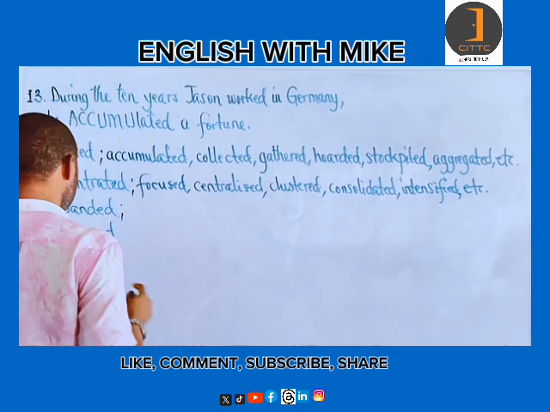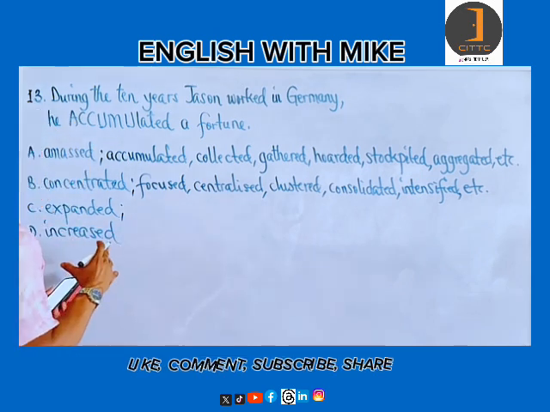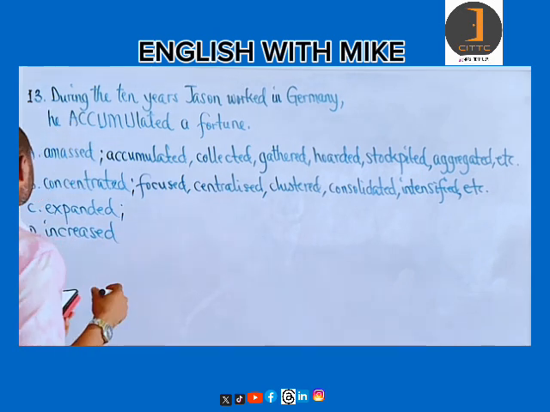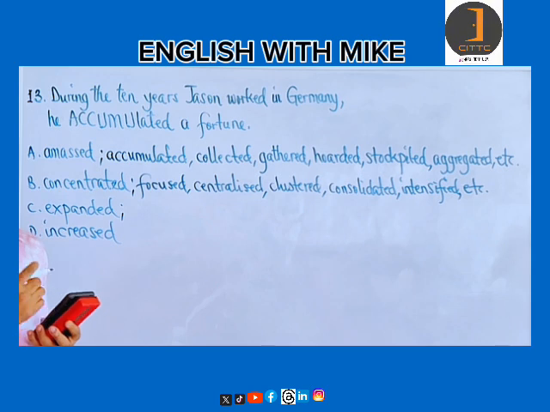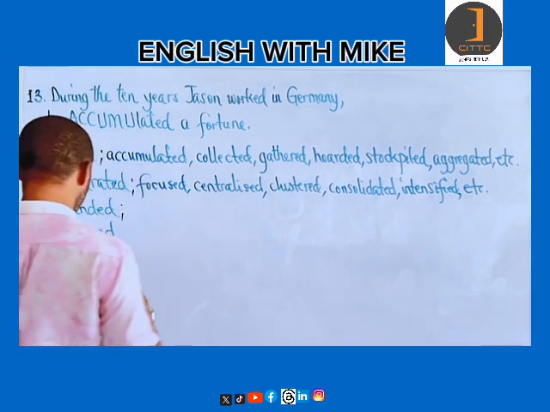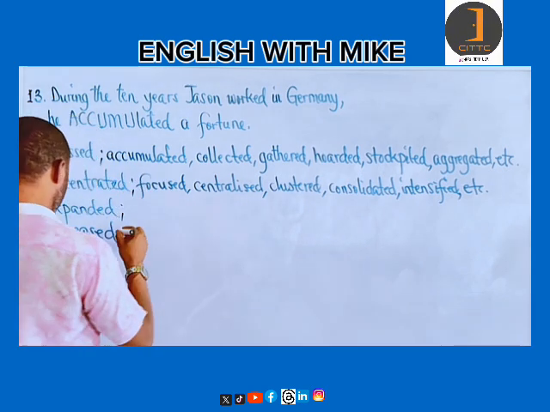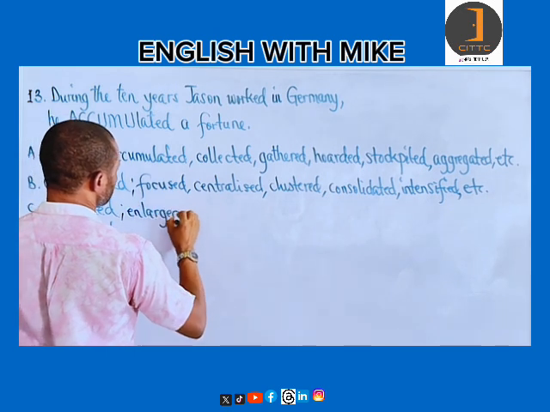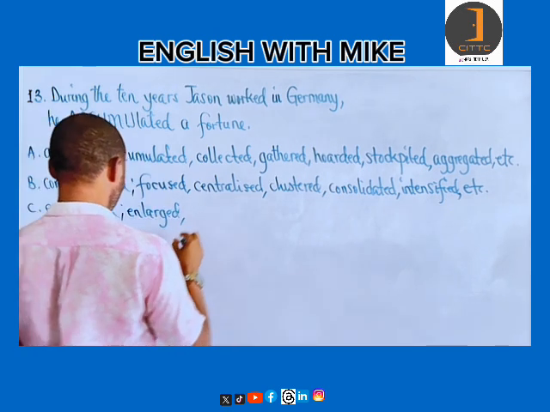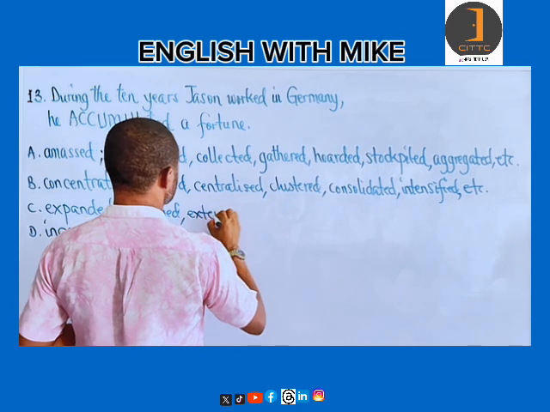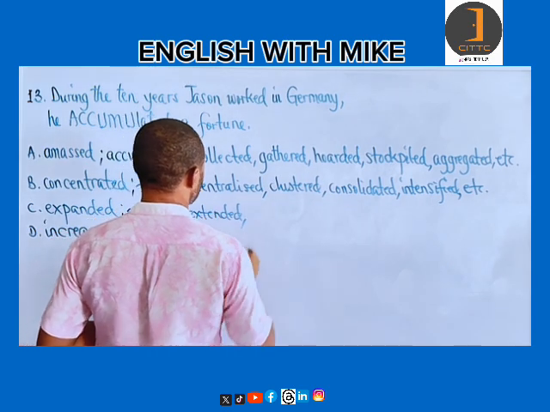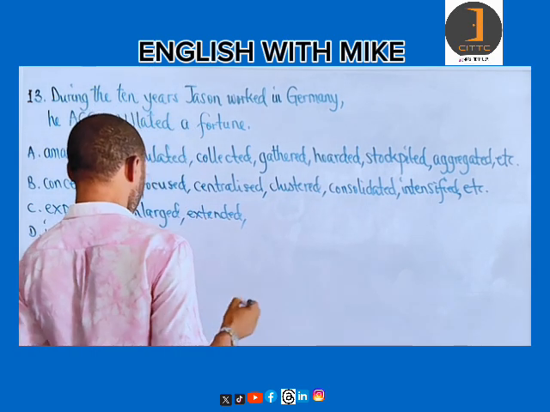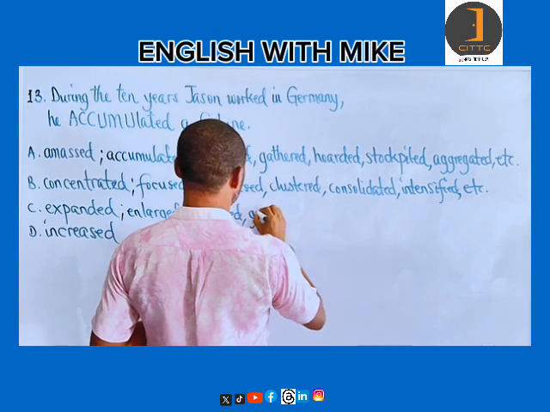What does expanded mean? Expanded means became larger. To expand is to become larger and larger or more extensive. That is enlarged. Expanded means enlarged. It means extended. If it is extended, then it grew.